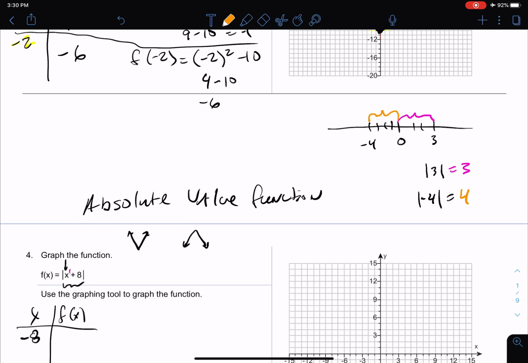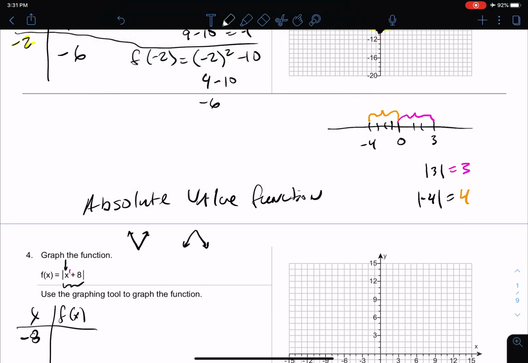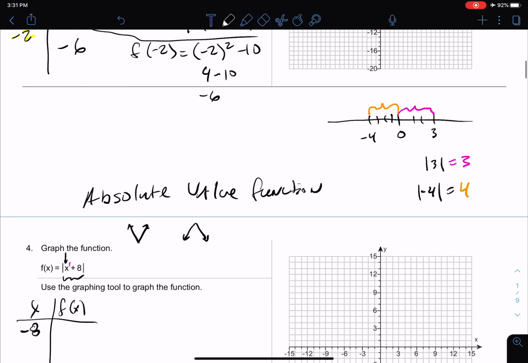But people think all you do is get rid of the negative sign. It's not really as simple as that, although it works some of the time. If you had something like x minus 5, people think you could just turn that subtraction symbol into a positive because it's absolute value, and that's not true.